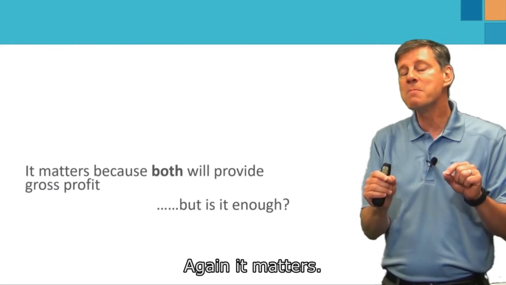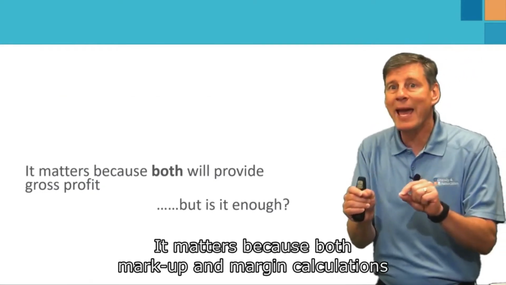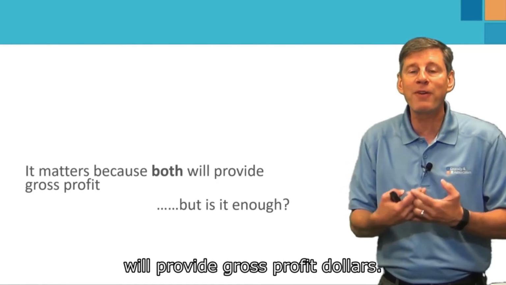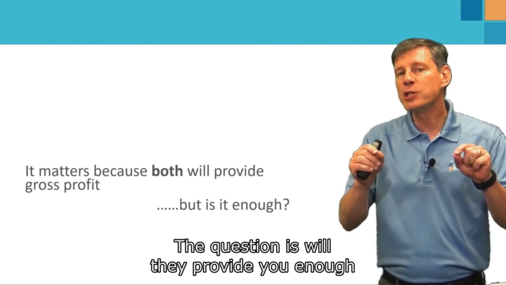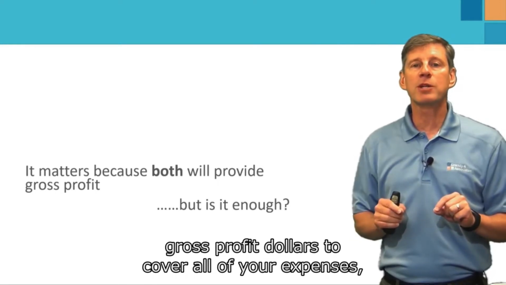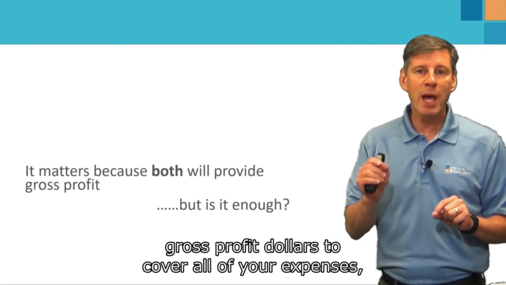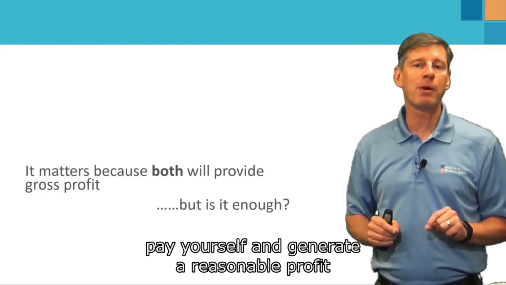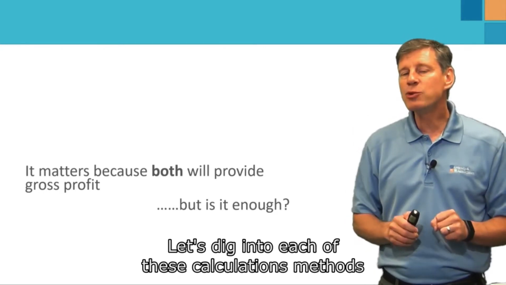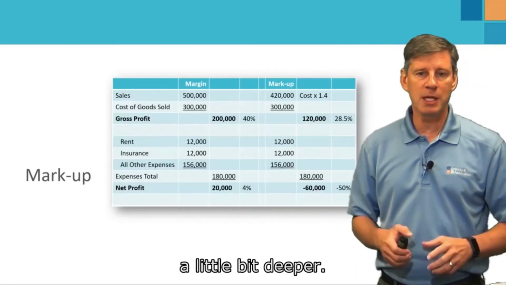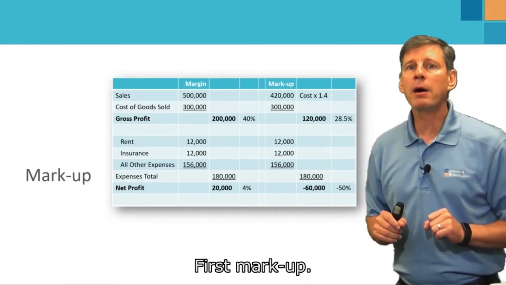Again, it matters. It matters because both markup and margin calculations will provide gross profit dollars. The question is, will they provide you enough gross profit dollars to cover all of your expenses, pay yourself, and generate a reasonable profit at the end of the day? Let's dig into each of these calculation methods a little bit deeper. First, markup.